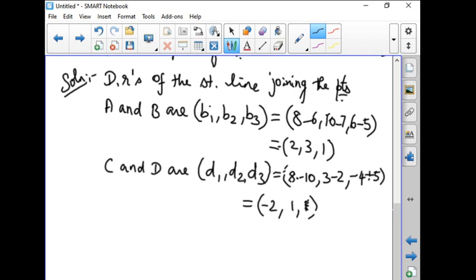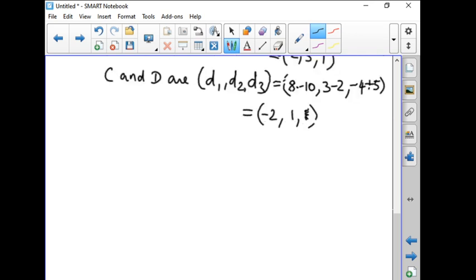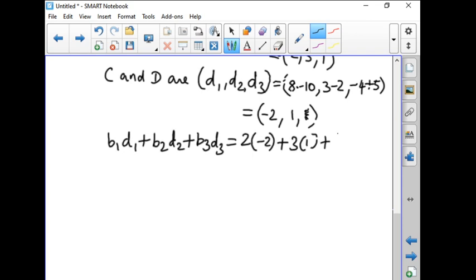Now let us find the condition for the two lines to be perpendicular. So let us check B1 D1 plus B2 D2 plus B3 D3. What is this equal to? 2 into minus 2 plus 3 into 1 plus 1 into 1. So what's the answer?